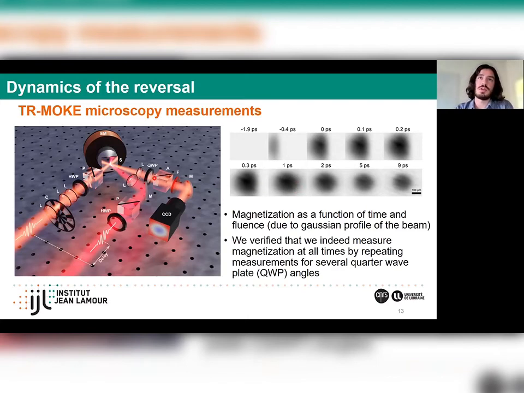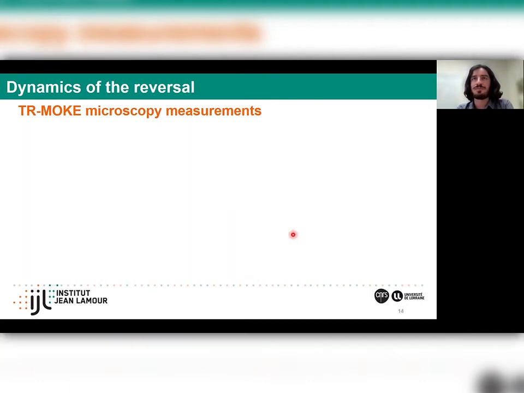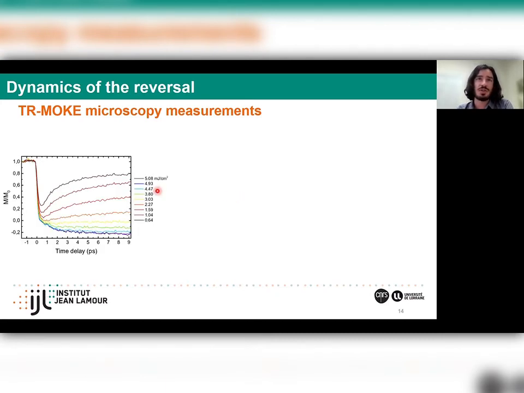And so we put a quarter wave plate here in the microscopy path in order to retrieve the magnetization of a single magnetic layer. So in particular, just the ferromagnetic layer. And we verify that we indeed measure magnetization and not some artifact by repeating the measurements for several quarter wave plate angles. So here are the results for the magnetization dynamics of the ferromagnet for different fluences.